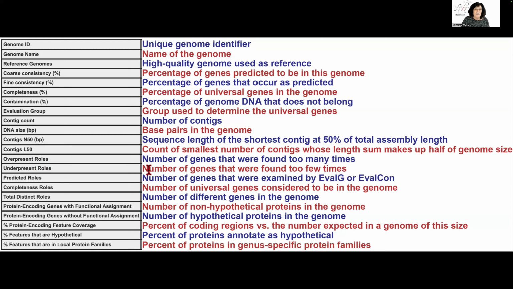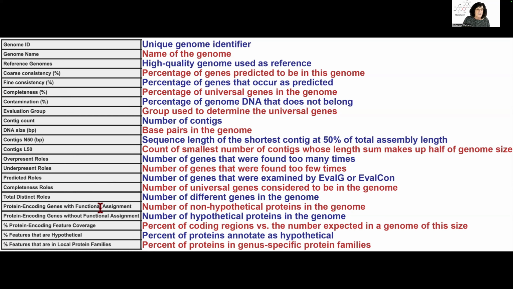Did your genome not have things that everybody else has that we expected to be there? Completeness roles, this ties back into those universal roles, that subset. So it's just telling you the number that it considered to be in this genome, the universal roles, which determine the completeness. The total distinct roles are all the genes in the genome.